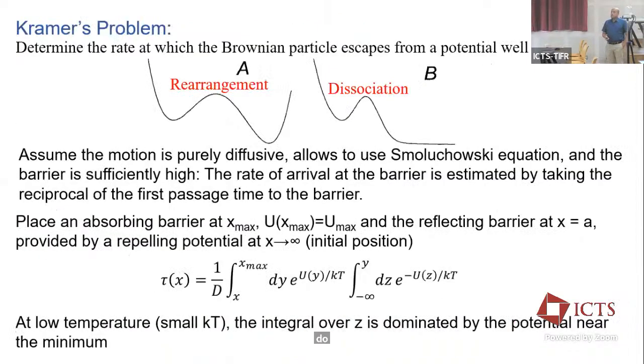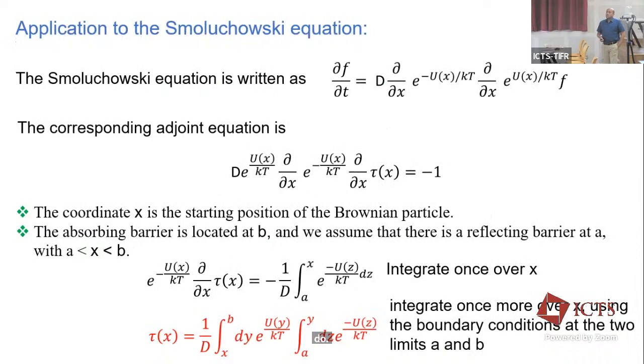Okay, so again, this is a more physical description of how the potential looks, and how to calculate this tau x, this mean first passage time, and we are going to apply the same thing to a real system.